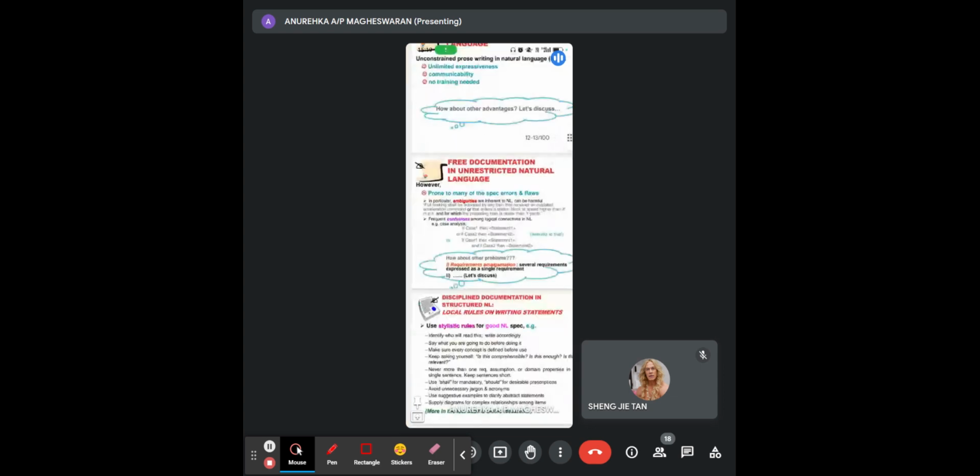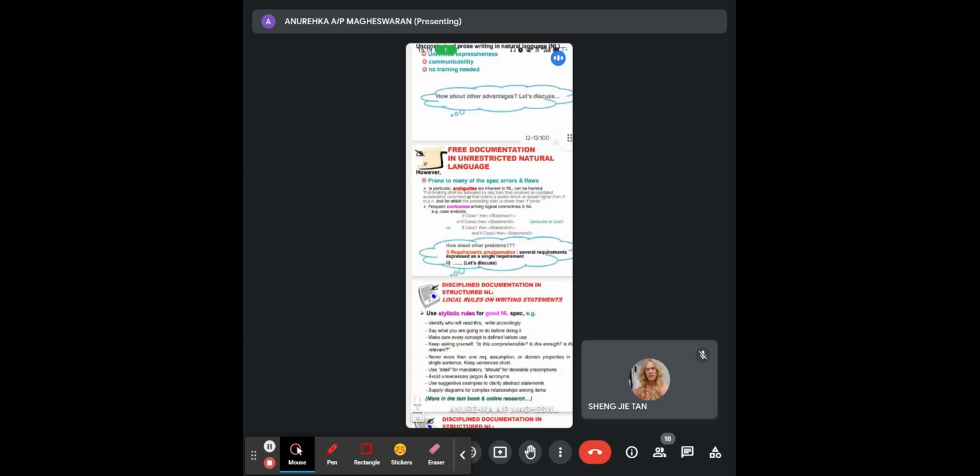Negative: ambiguous. Number 2, does anyone know the meaning of confusion? When the requirement is ambiguous, meaning one statement has two or more interpretations. When I read one statement, I need to understand what it is meant to be.